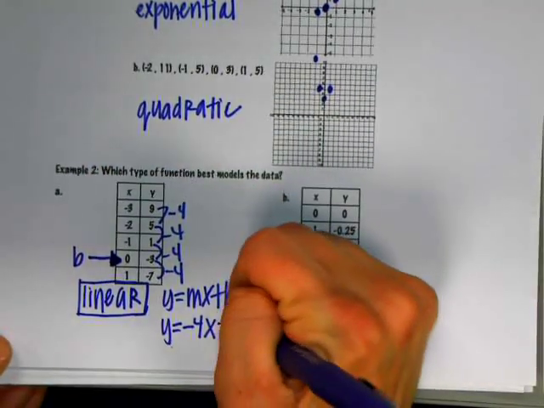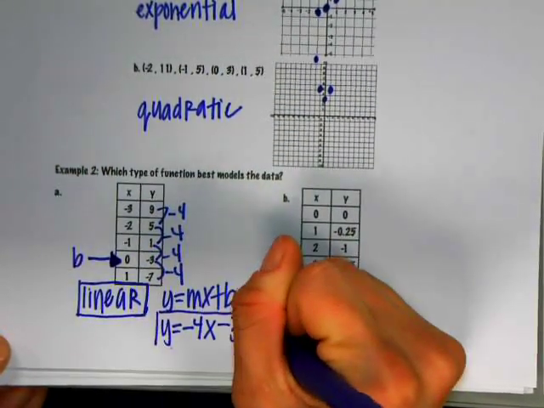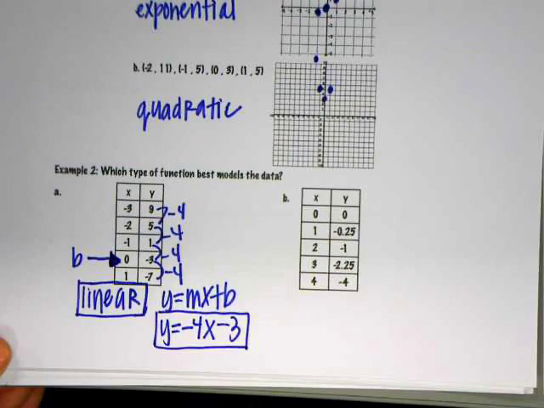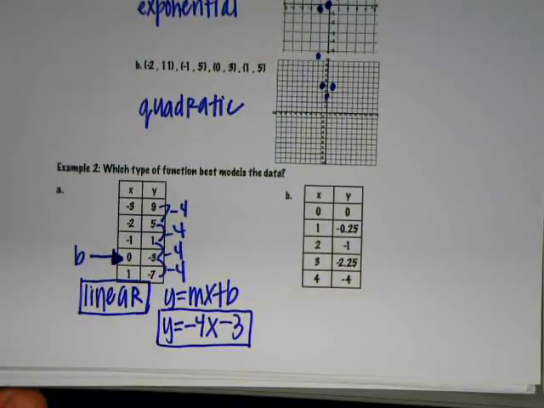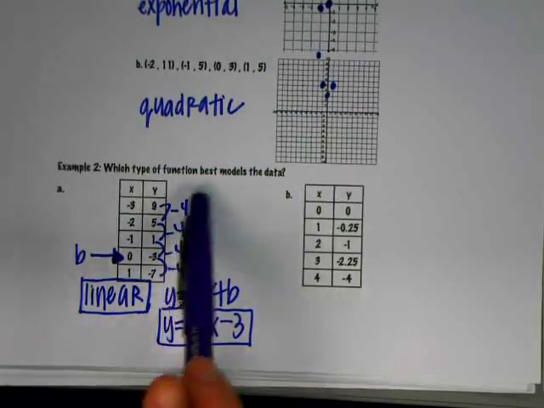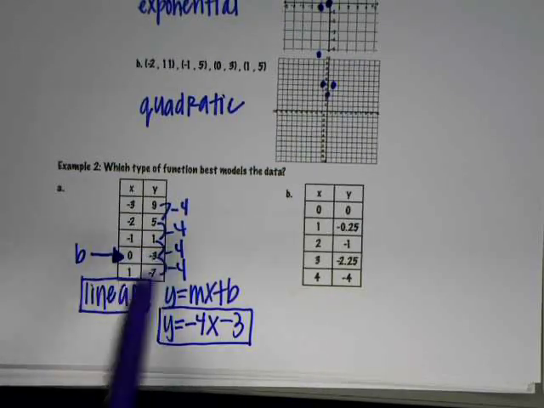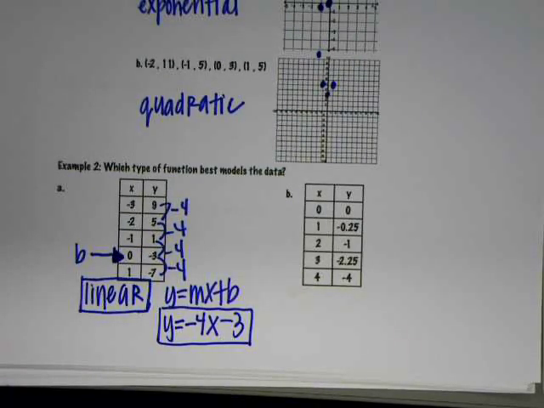So it's going to be -3. Does that make sense? Yeah. So slope is the pattern, and the y-intercept is where x is 0. Got it?